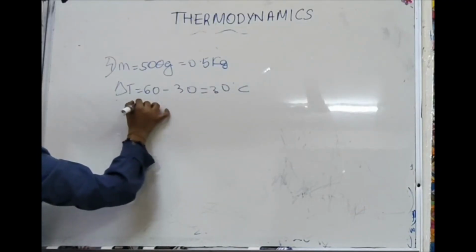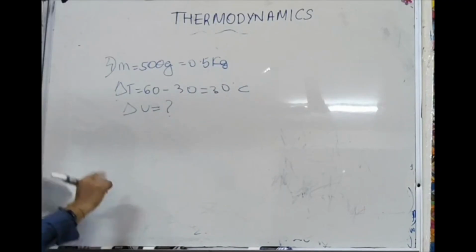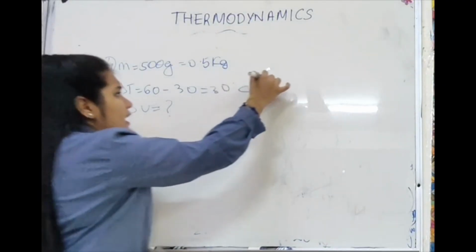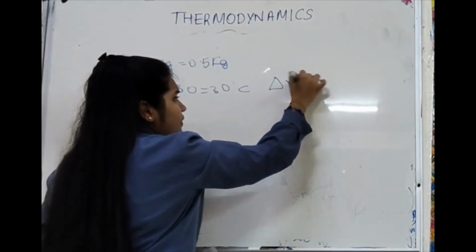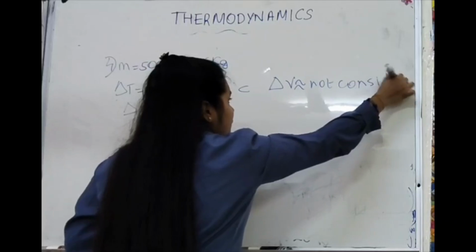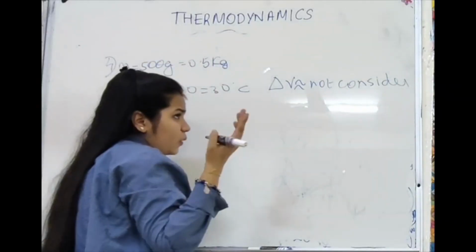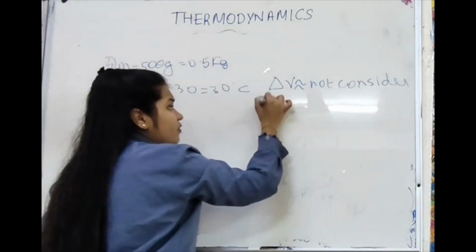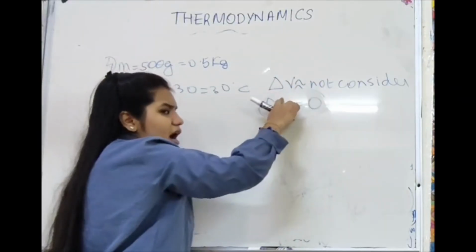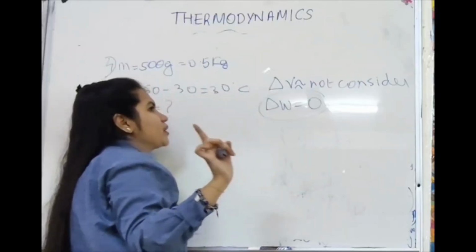Next, they are asking you to find delta U. They say the slight expansion is negligible. That means delta V is not considered. Remember one thing: if delta V is 0, the work done will also be 0. This comes under the isochoric process.